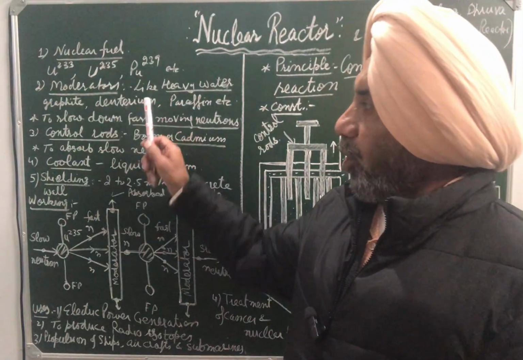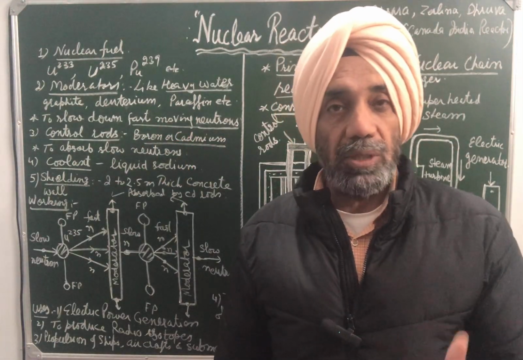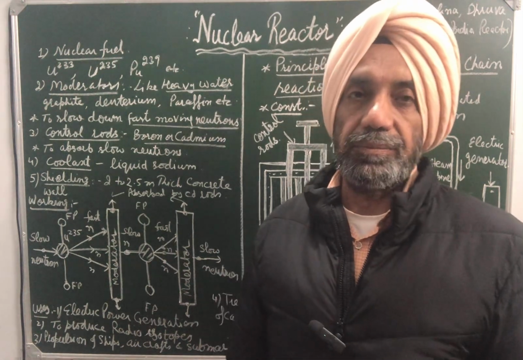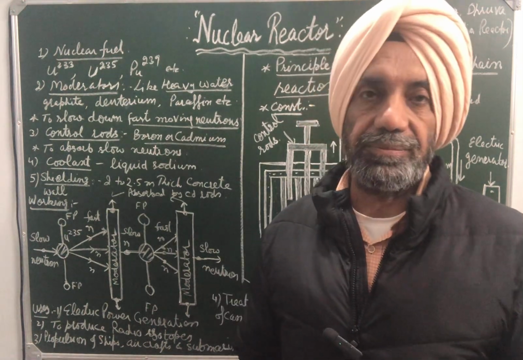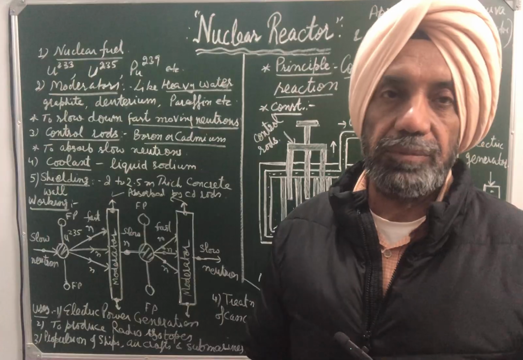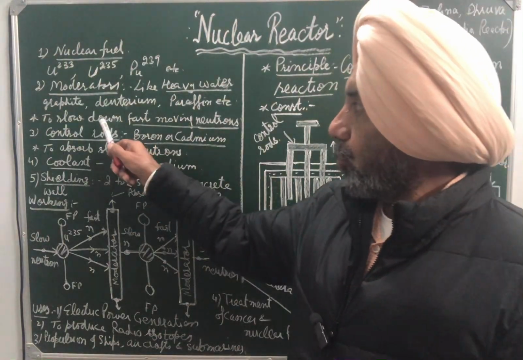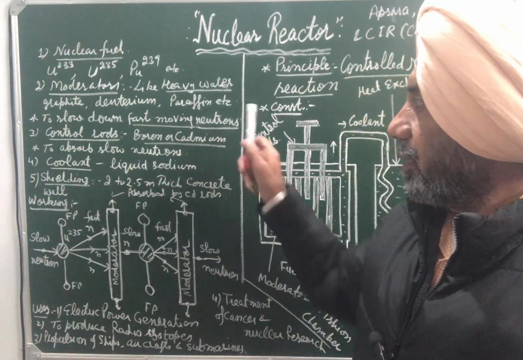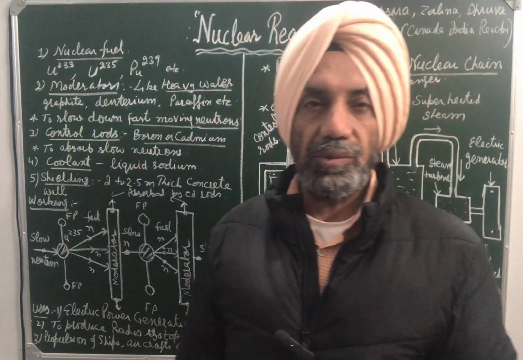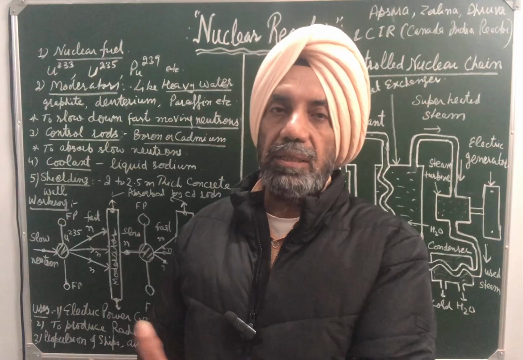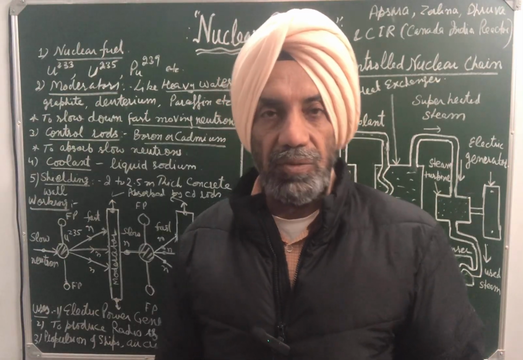The purpose of these moderators is to slow down the fast moving neutrons produced during the splitting of uranium 235, the nuclear fuel, so that slow neutrons can further cause nuclear fission.